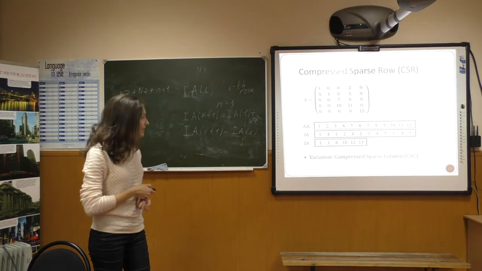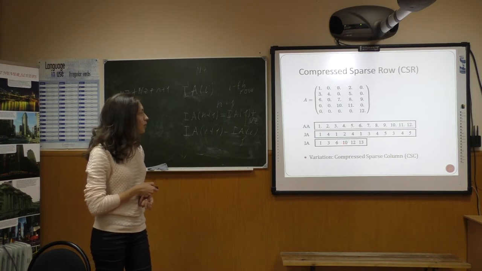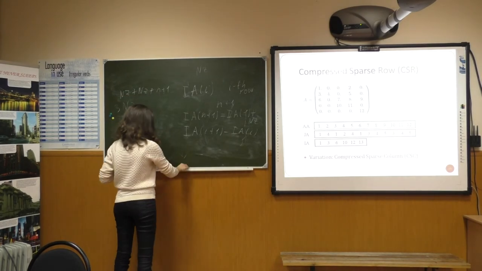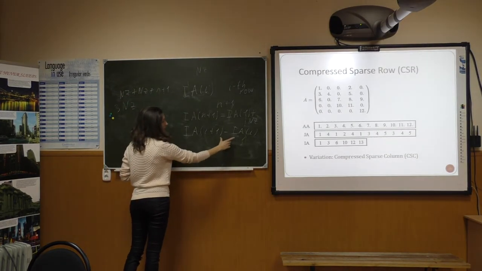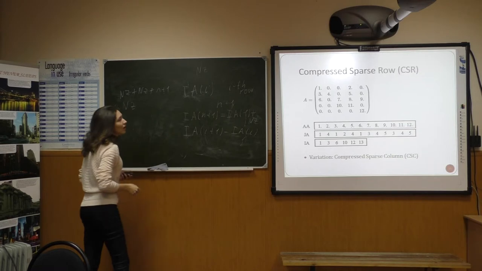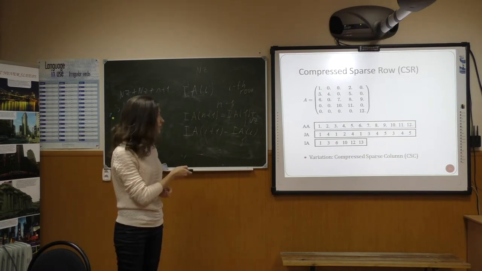And in this case, in this array, we will have two equal elements. It will mean the length of the ith row is equal to 0, so we have no elements in the ith row.